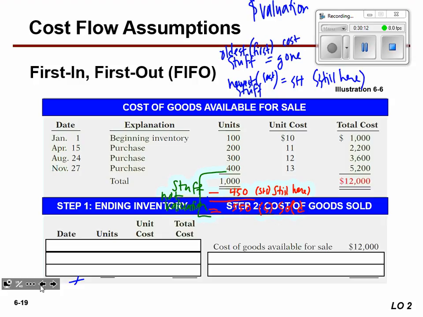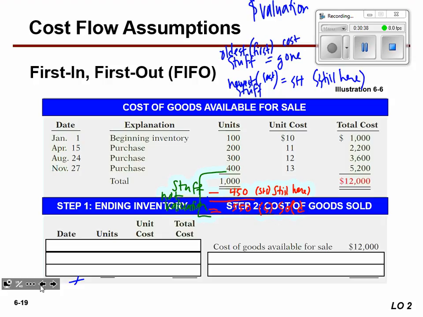You heard the lady say that. We first have to figure out what we started with, what's S or sold, what's SH or still here. So out of the 1,000 things that we bought, 450 are still here, meaning 550 must have sold. So that's step one, figure out the stuff.